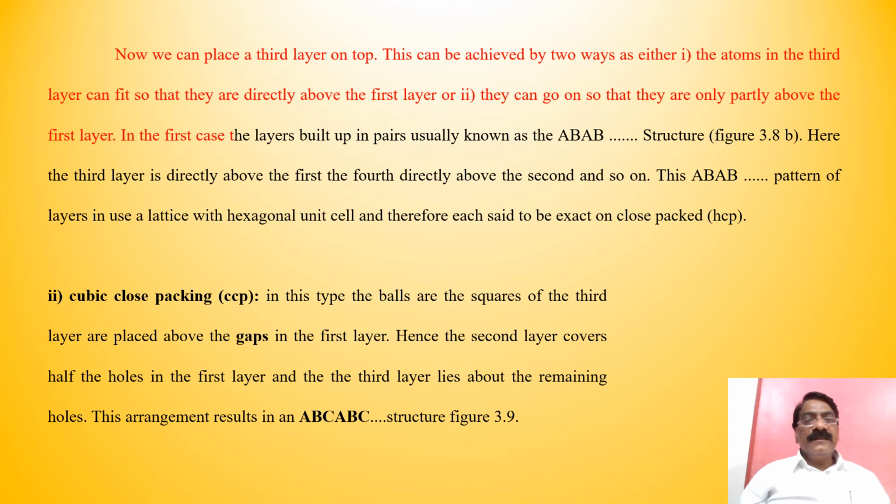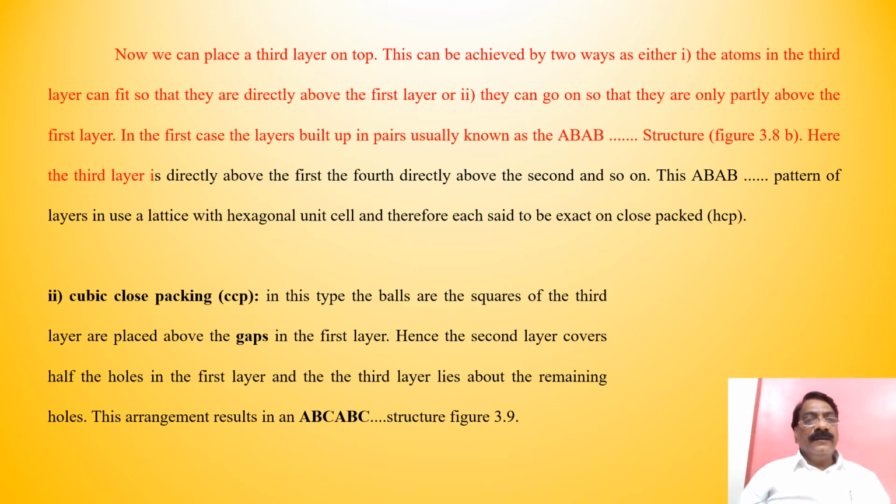In the first case, the layers build up in pairs, usually known as AB, AB, and so on, the structure shown in the figure.